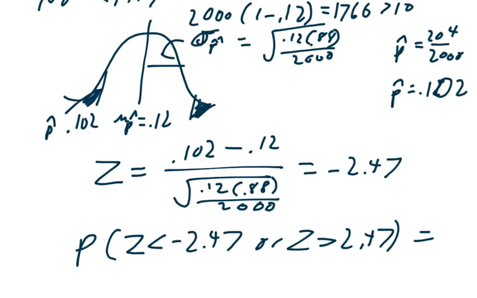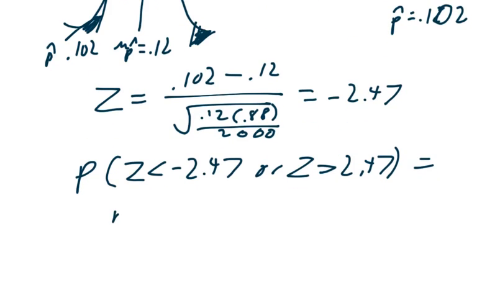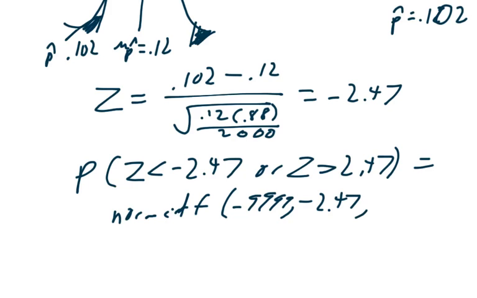So I'm going to do the normal CDF from negative infinity, so in our particular case, negative 99999 to negative 2.47 with a mean of 0 and a standard deviation of 1, and then I'm going to multiply that by 2.